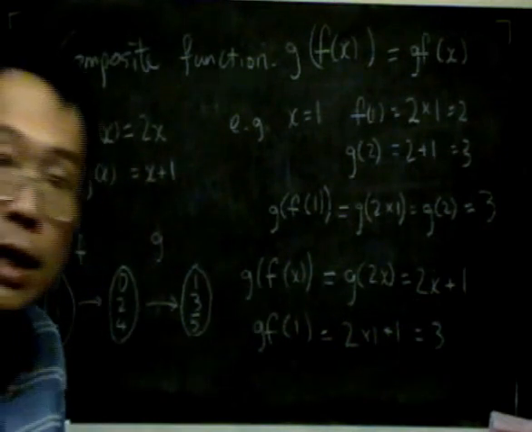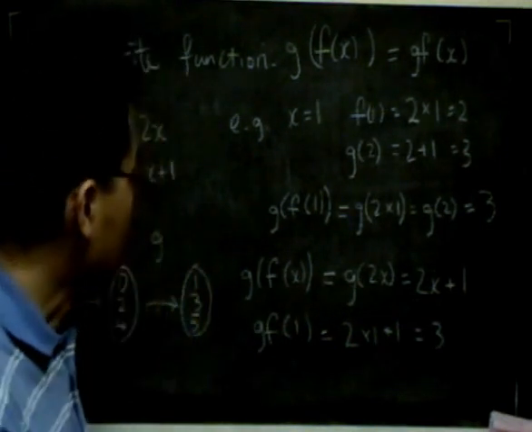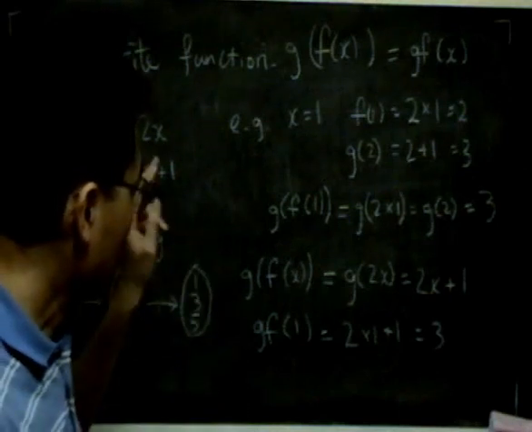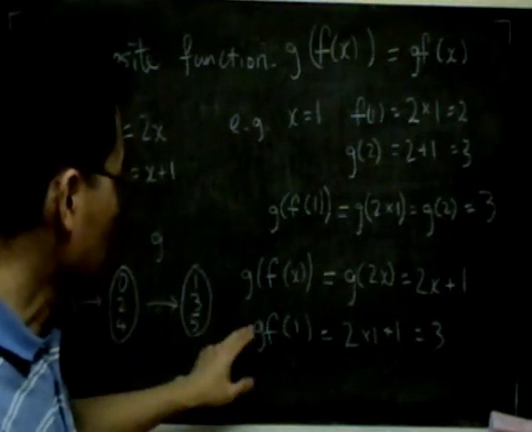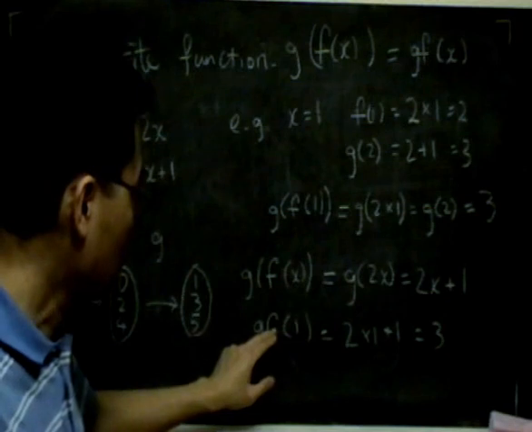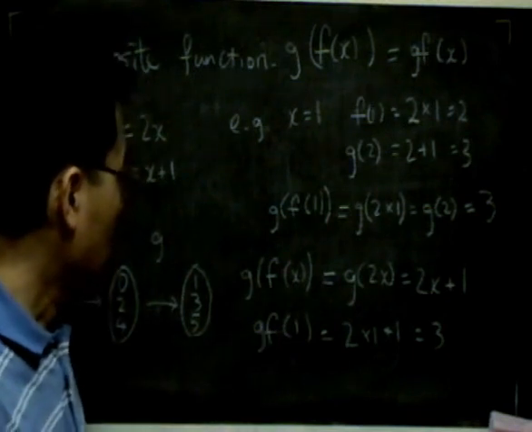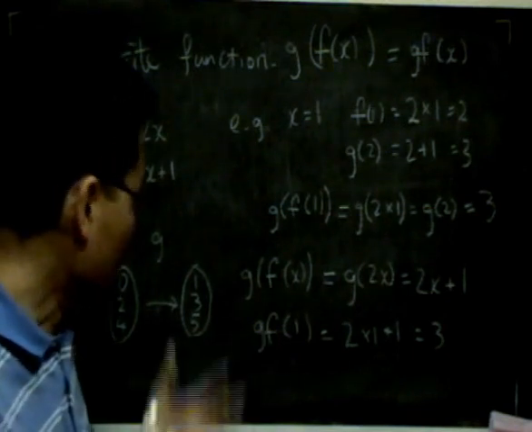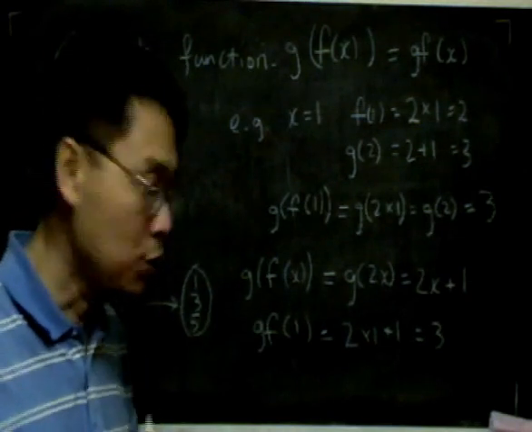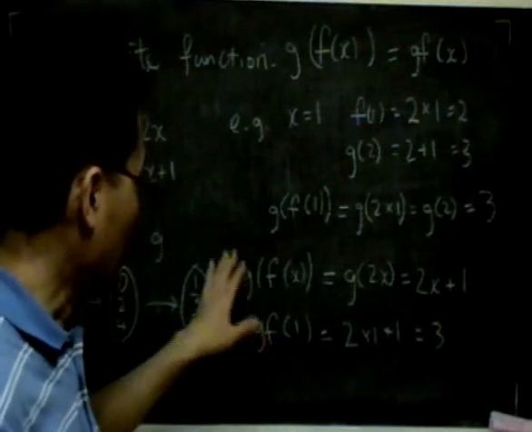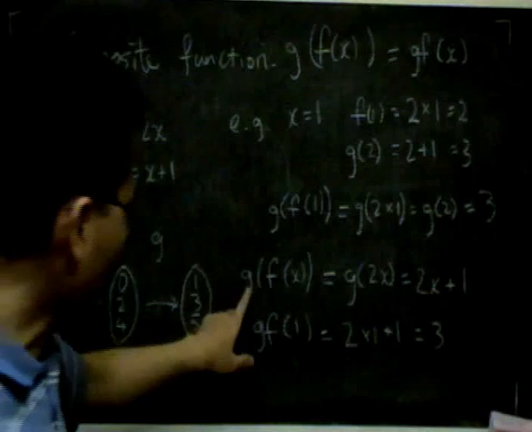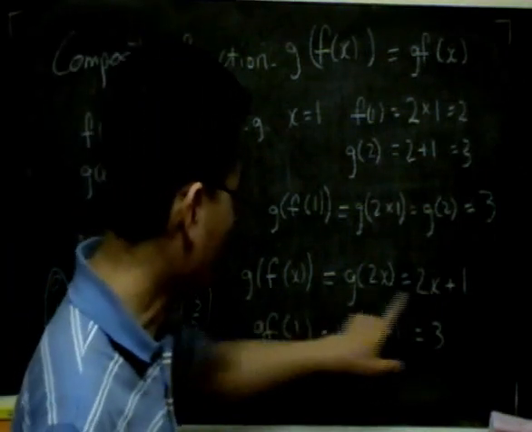Now I did say just now that the ordering is important. So for example, gf of x might not be the same as fg of x. Now I have found the formula for gf of x.